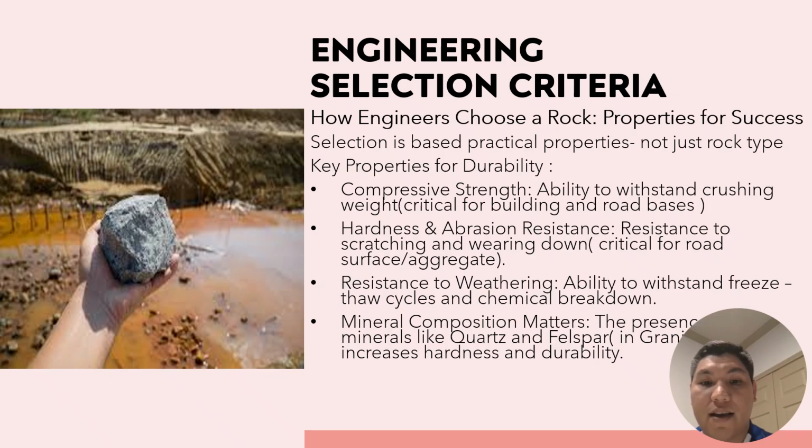Hardness and abrasion resistance: the resistance to scratching and wearing down, critical for road surface aggregates. The resistance to weathering: the ability to withstand freeze-thaw cycles and chemical breakdown. The mineral composition: the presence of minerals like quartz and feldspar in granite increases the hardness and durability.